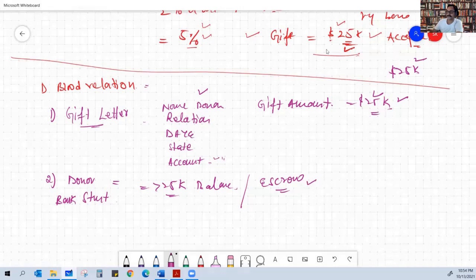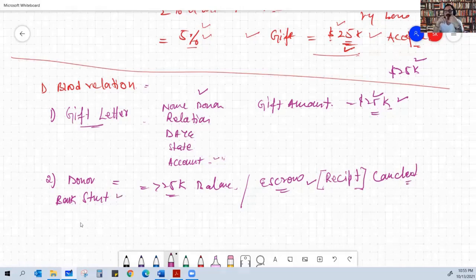Is that correct? So in that case, if they have given the amount to the escrow company, obviously they must have received the receipt. So that escrow receipt is also acceptable as the donor bank statement proof. Or they can give us a canceled check, saying, see the canceled check, I have deposited the money or I have already transferred the money. And if they are giving us the bank statement, there are two scenarios.